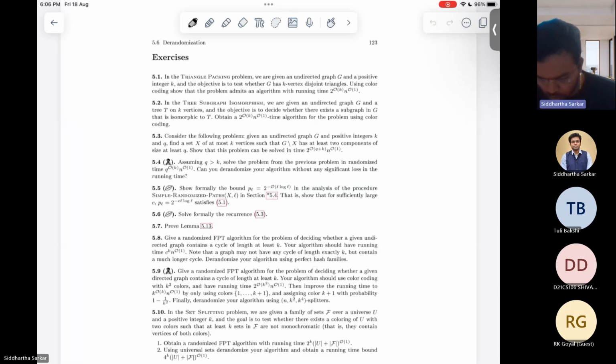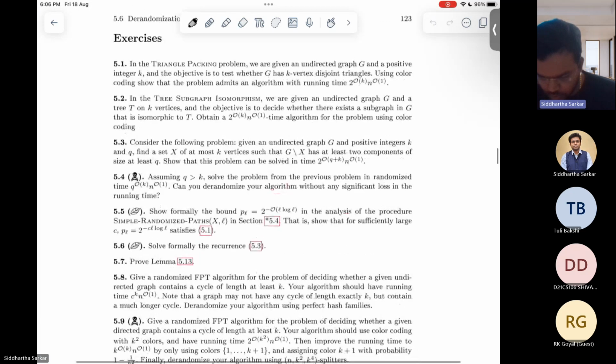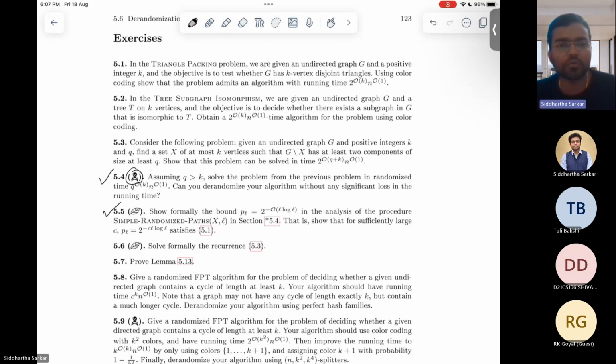These are the questions you can see, and the questions are also marked. This mark means very difficult question, and this is a simple question. So they have been categorized also. You can solve these questions from the exercises of the textbook.